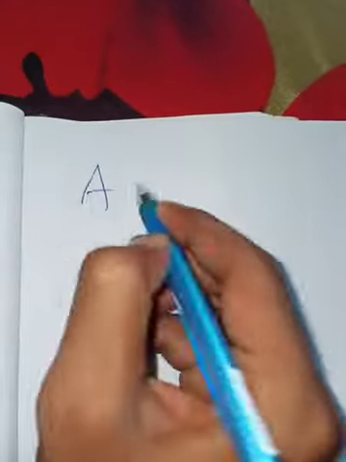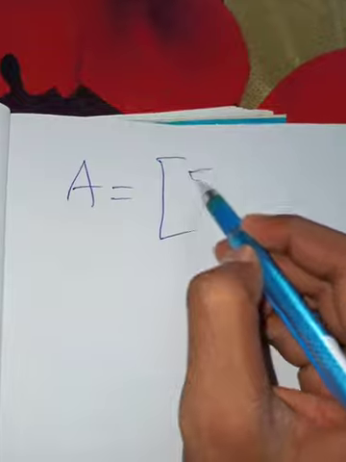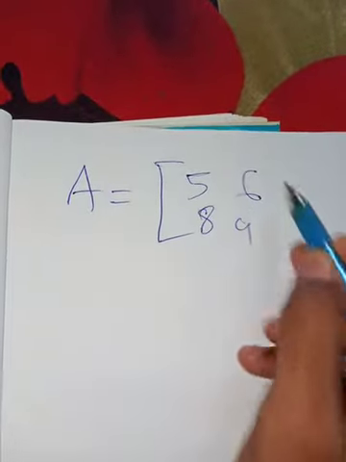Now I am solving a math problem. Just try to understand that. Matrix is very easy, you just have to understand it and solve it. A matrix is given, A is 5 6 8 9.